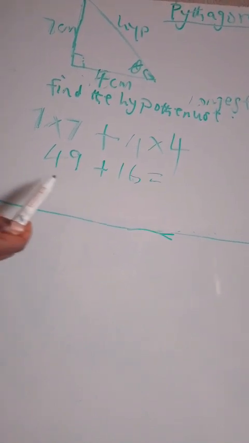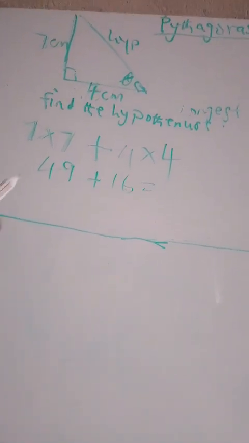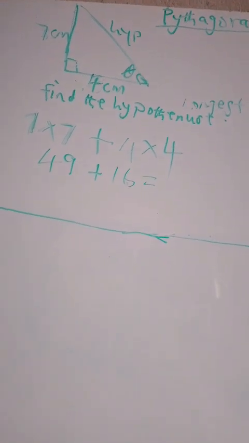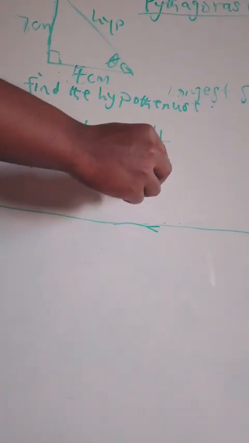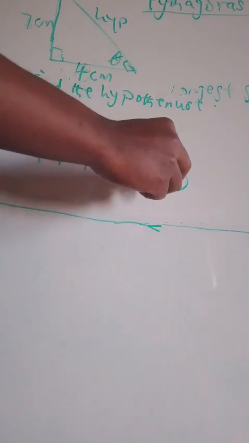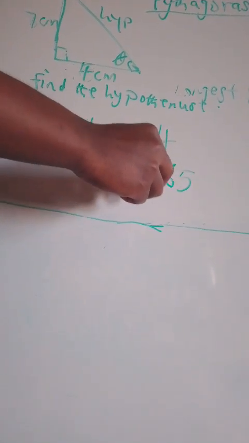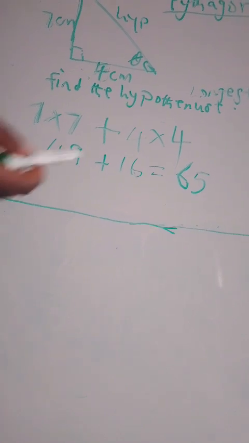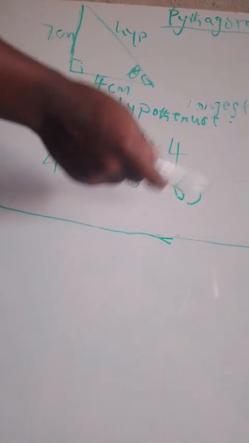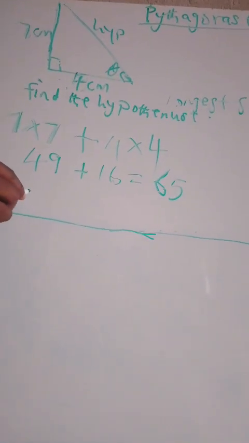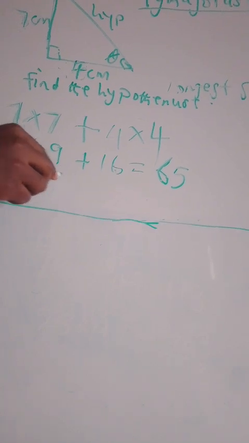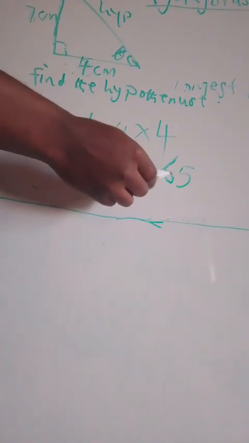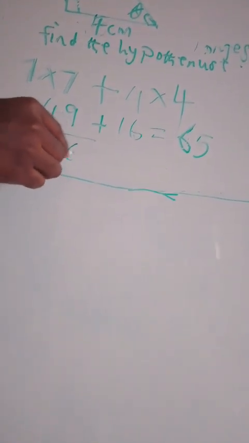Then the next step is to add them together. 49 plus 16 will give you 65. But this is not the final answer. We still need to find the square root of 65. This is the symbol of square root. Take this 65 and write it inside here.